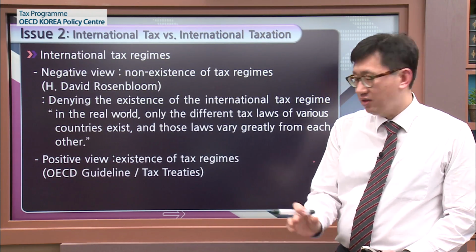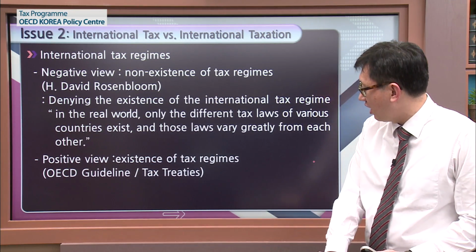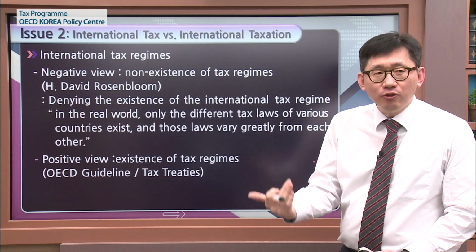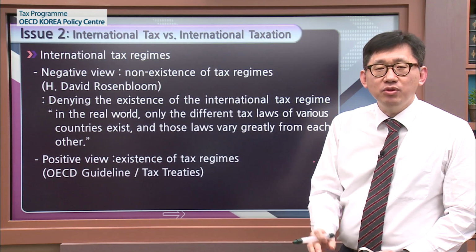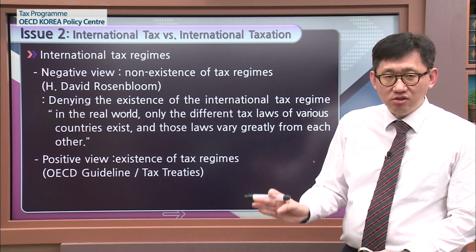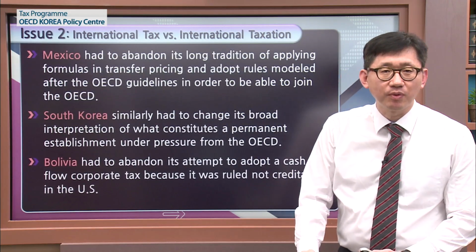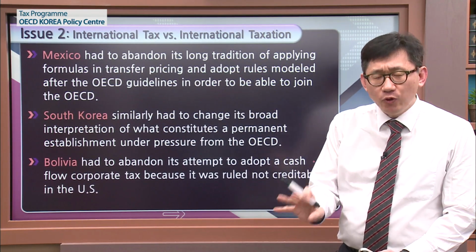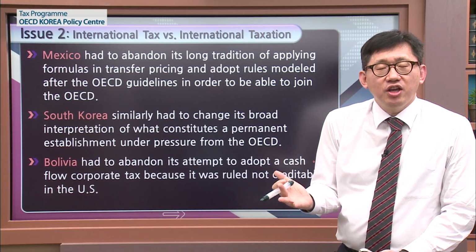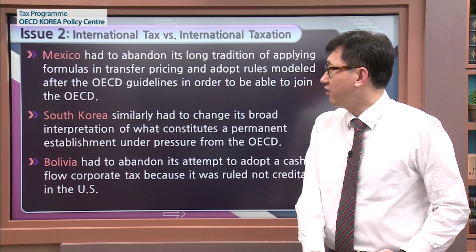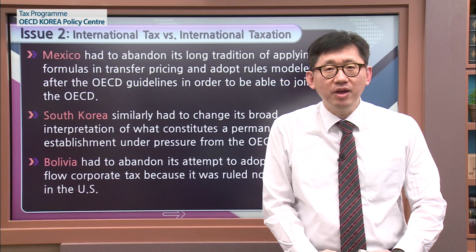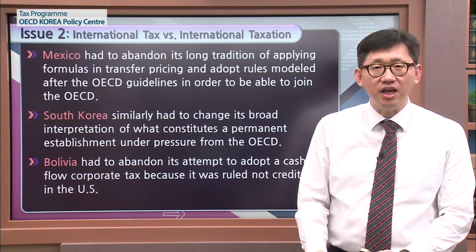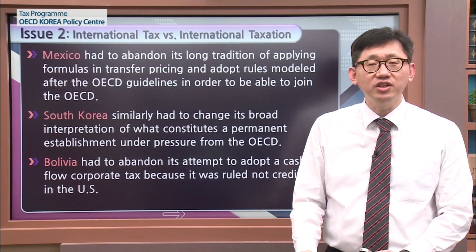In the positive view, there are legal texts such as the OECD guidelines and tax treaties, which make tax regulation enforceable internationally. If it is enforceable, what kind of examples can we find in international taxation? Mexico had to abandon its long tradition of applying formulas in transfer pricing and adopt rules modeled after the OECD guidelines.